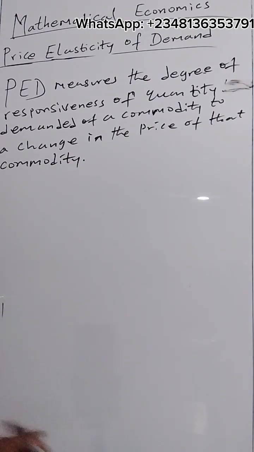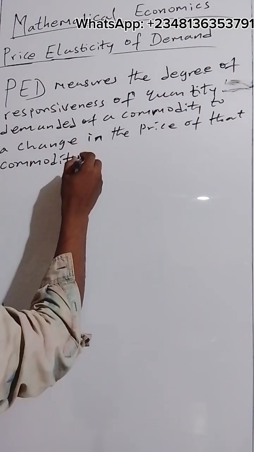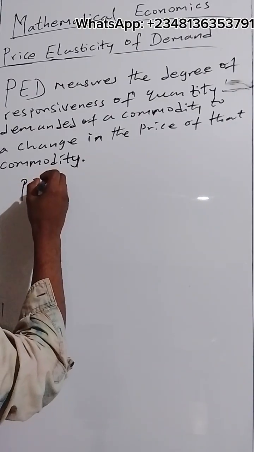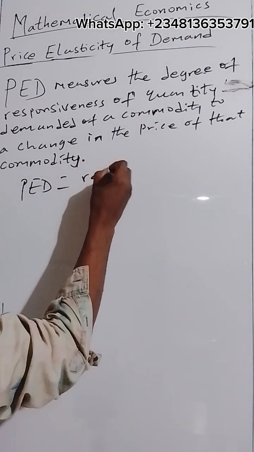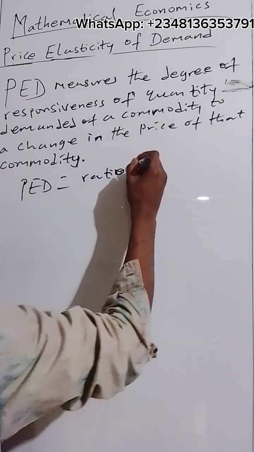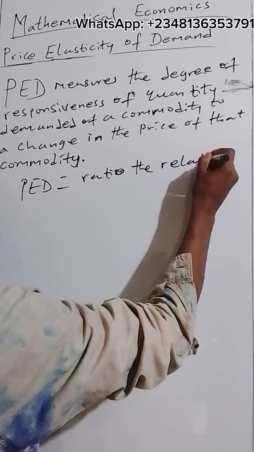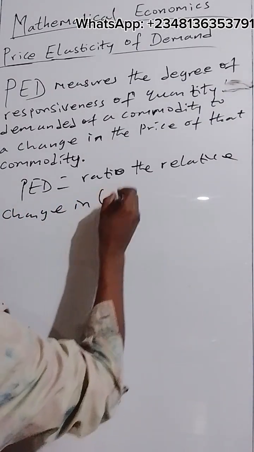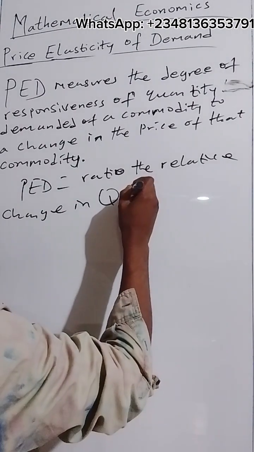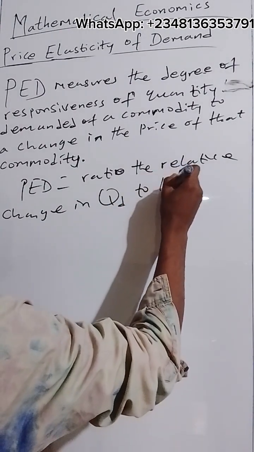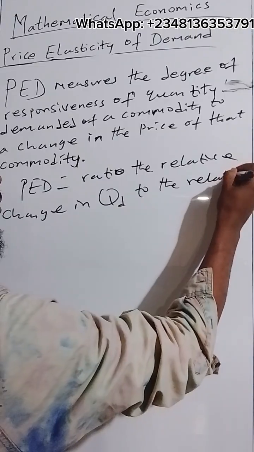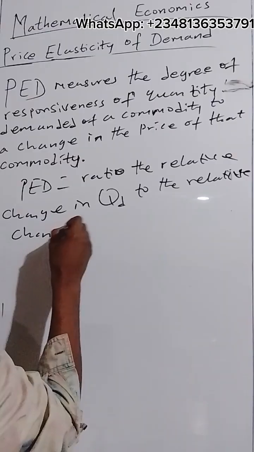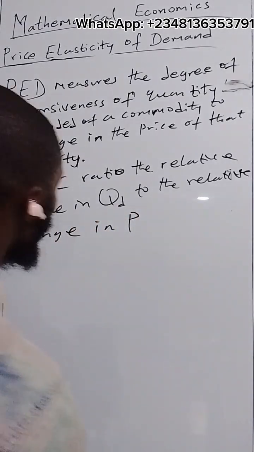Price elasticity of demand is defined as the ratio of the relative change in quantity demanded to the relative change in the price of that commodity.